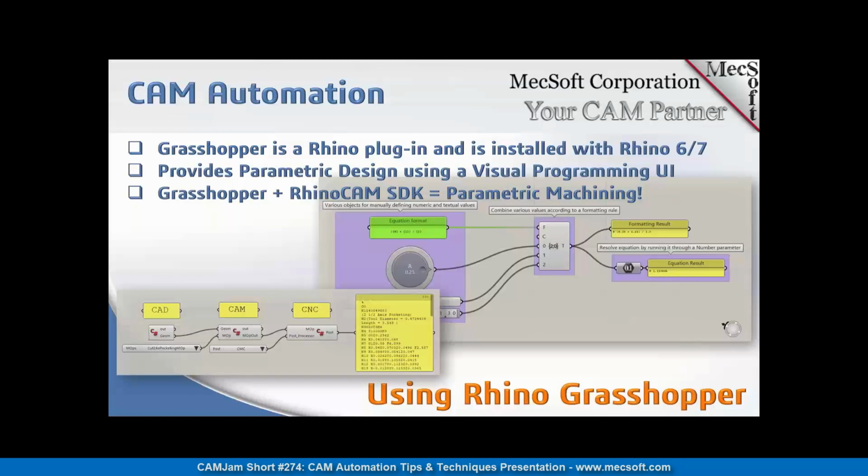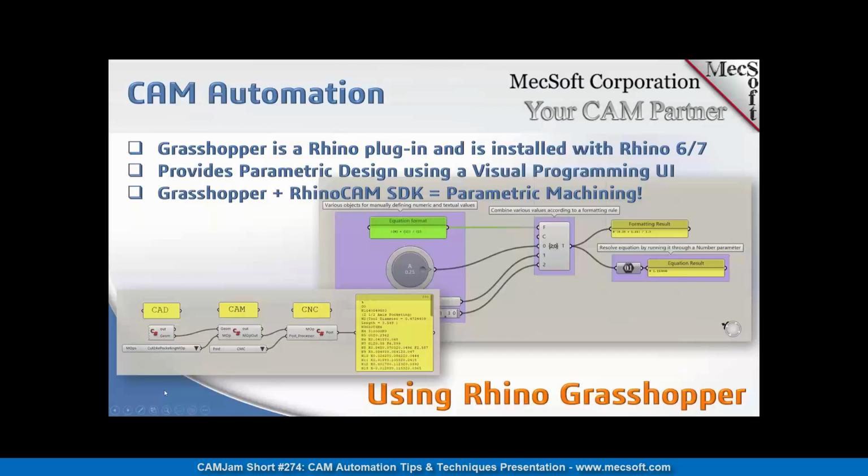And it's really useful when you're getting into families of parts and things of that nature, let's say you're machining or creating panels. That might be an area where Grasshopper can come in very handy. So you're just changing a parameter here, and then it creates new designs.